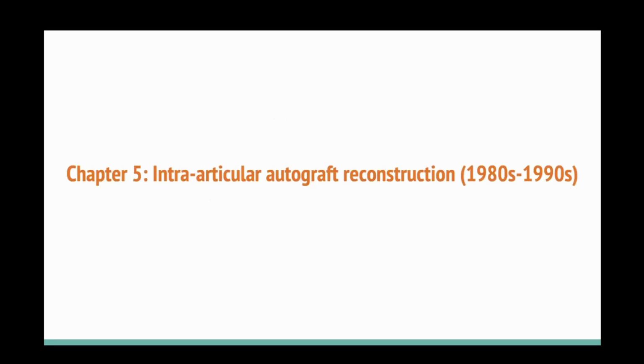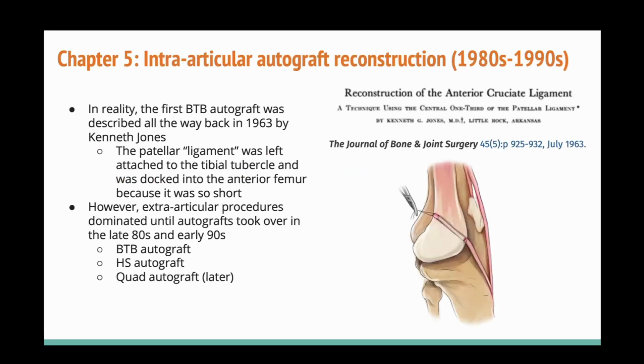Now we get into the age of really the modern way we think about the ACL, in the 80s and 90s, when we start doing intra-articular autograft reconstruction. So the first BTB was done all the way back in 1963 by Kenneth Jones. He actually left the patellar ligament attached to the tibial tubercle, and then he docked the proximal part of the graft into the anterior femur because it was short.